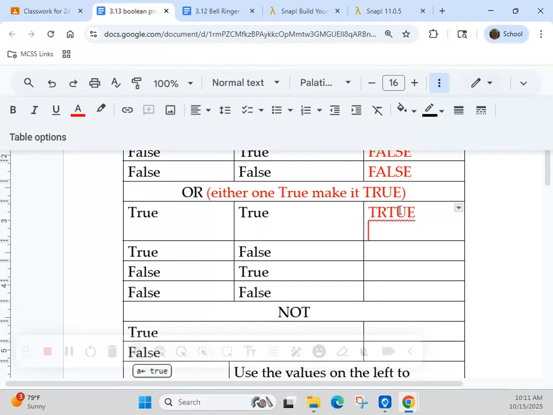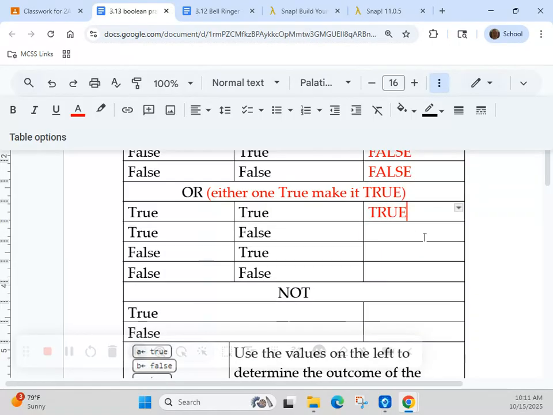If something is true or false, that would wind up still being true. If something is false or true, still true. So if it's an or statement, the only way something can come out to be false is if both things are false.